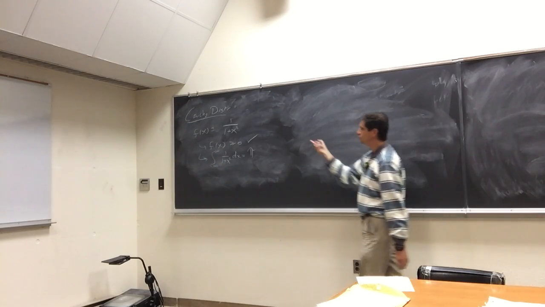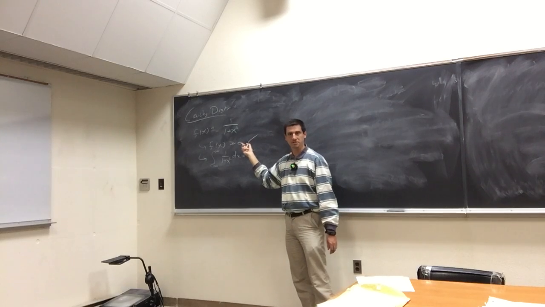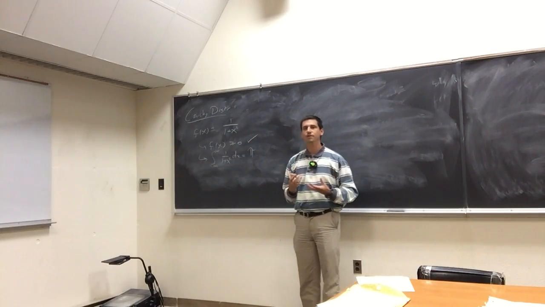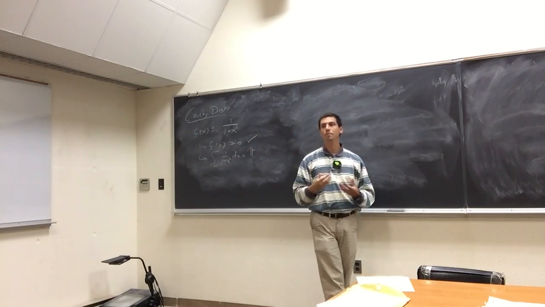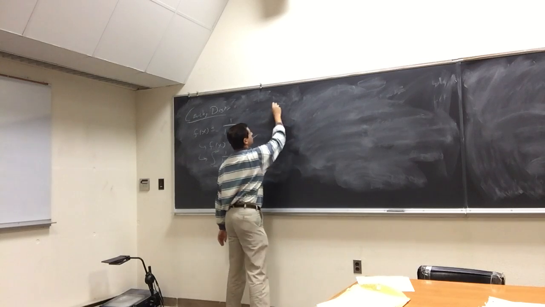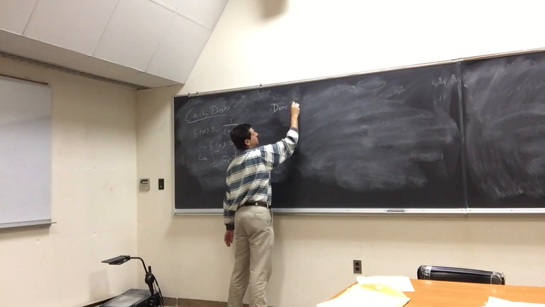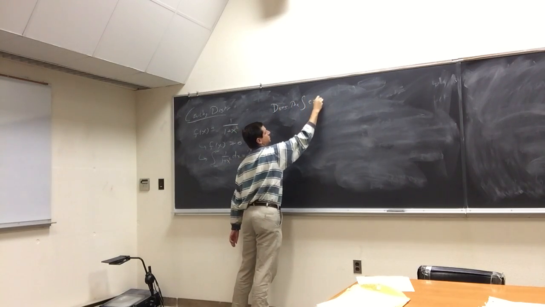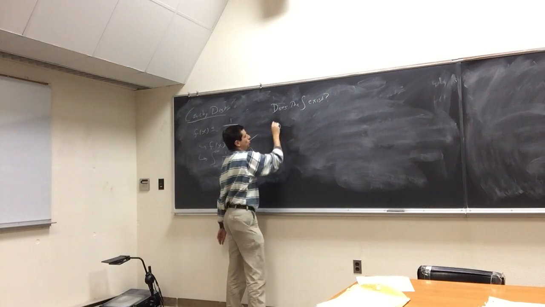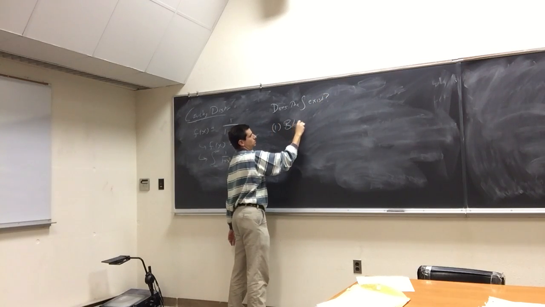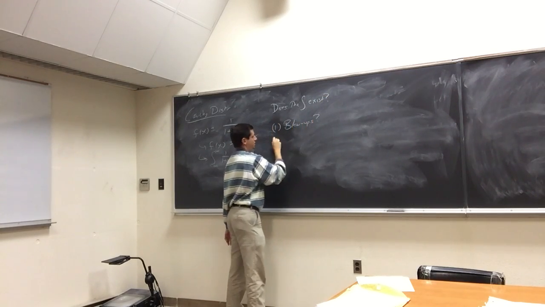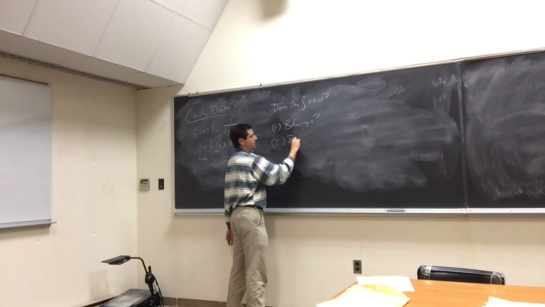Before that, it's worth checking, should this integral exist? When you're integrating functions, you often worry about, does it blow up anywhere? So, does the integral exist? 1. Are there any blow-ups? And the other one is behavior at infinity.